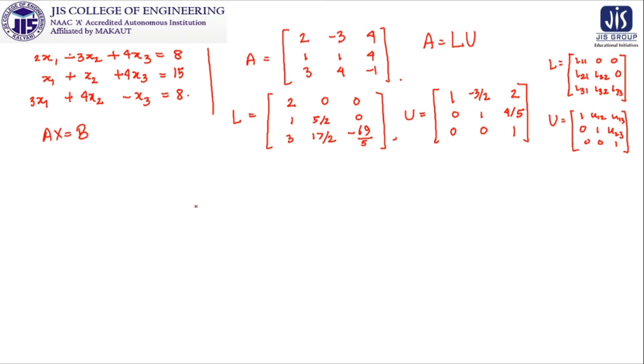All these are calculated in the last lecture. Now I think you can recall that on the previous slide we have taken A equals LU, AX equals B, and we have assumed that UX equals Y, so LY equals B. From this, our target is to find Y, because L is already known and B is given to us.